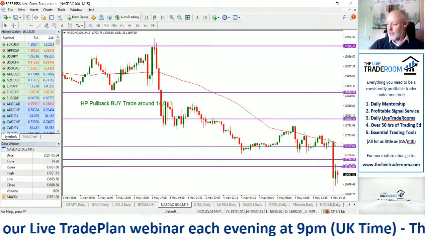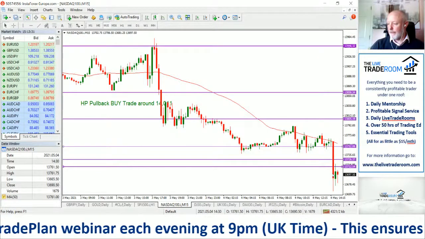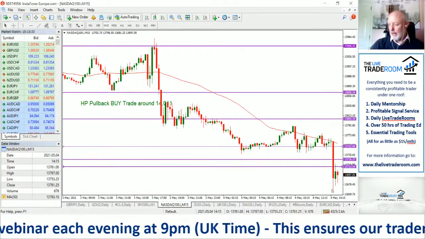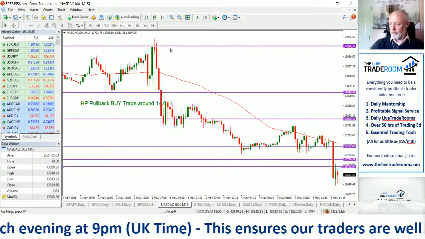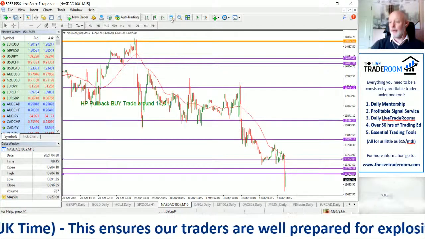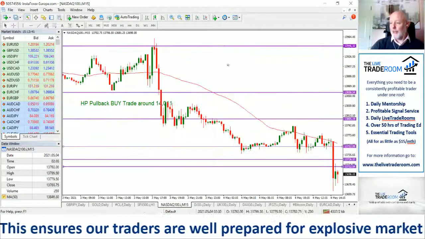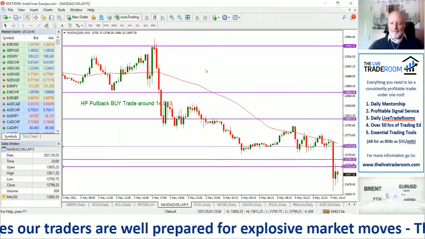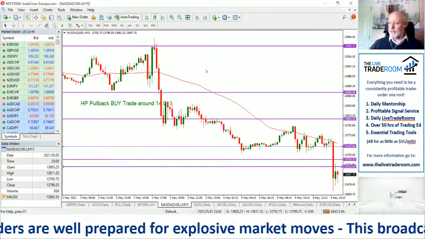So we've had a very brief flush to the downside. But now the question becomes, how much confidence do we have for this market to continue lower? Is there any other news that could impact the direction of this market?